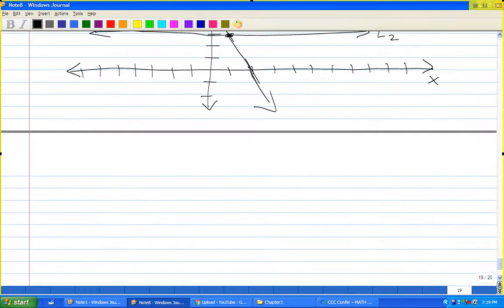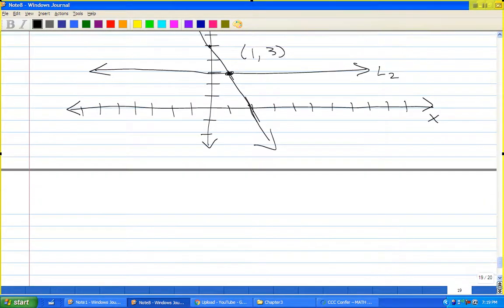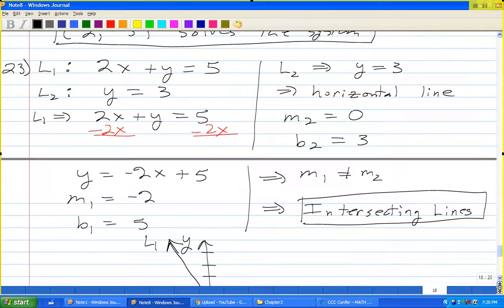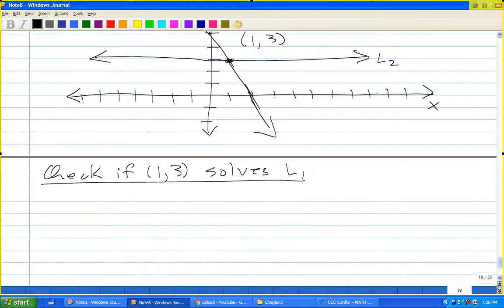Okay, so let's check if 1, 3 solves the first equation. Is 2x plus y equal to 5?